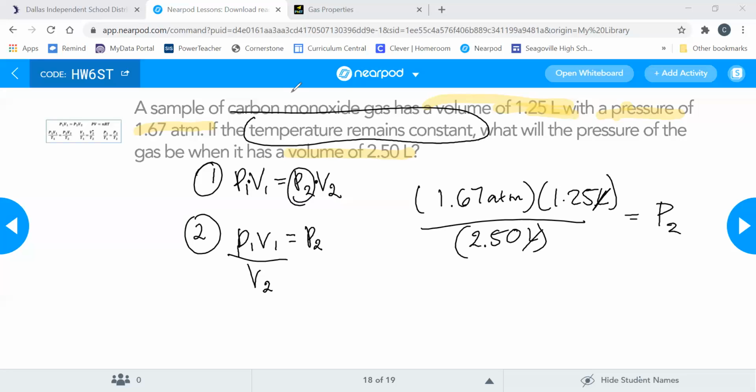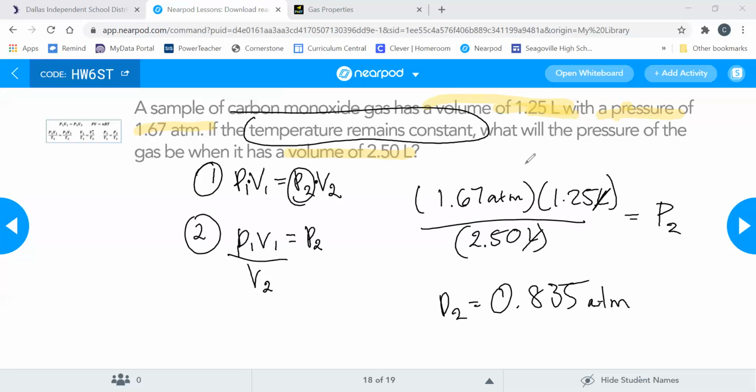Hopefully you guys are putting this in the calculator. I got 0.835 atmospheres. That's what I got.